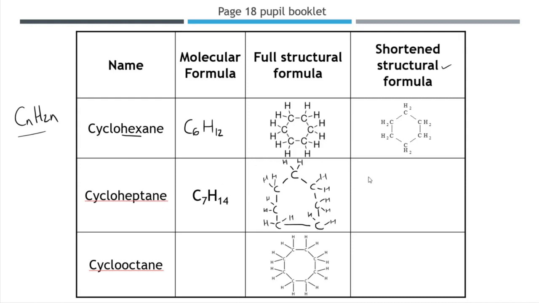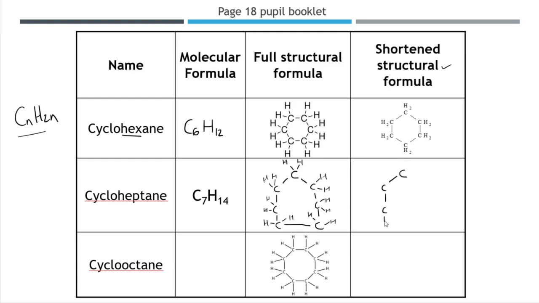Now we can look at drawing the shortened structural formula. Again, like I said before, we don't want to put in all of these single bonds to the hydrogens, but we still want to show and convey the structure of the ring.